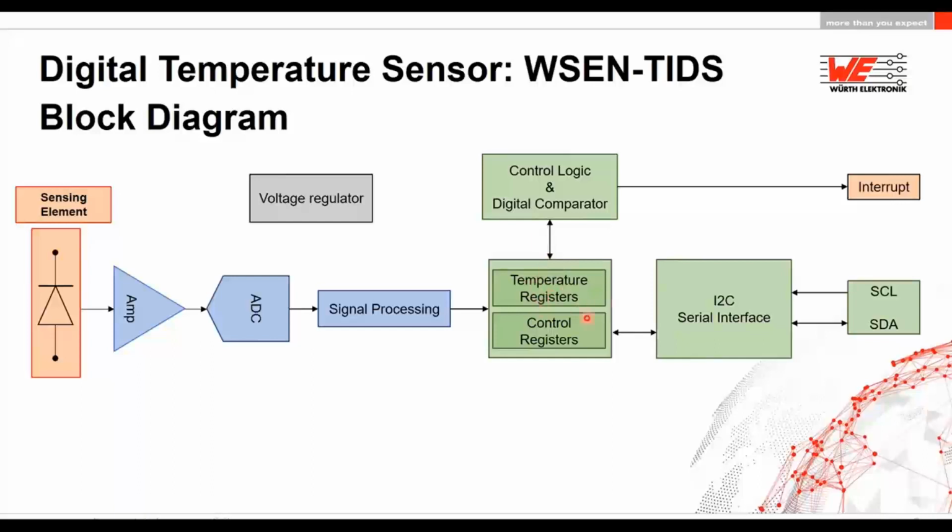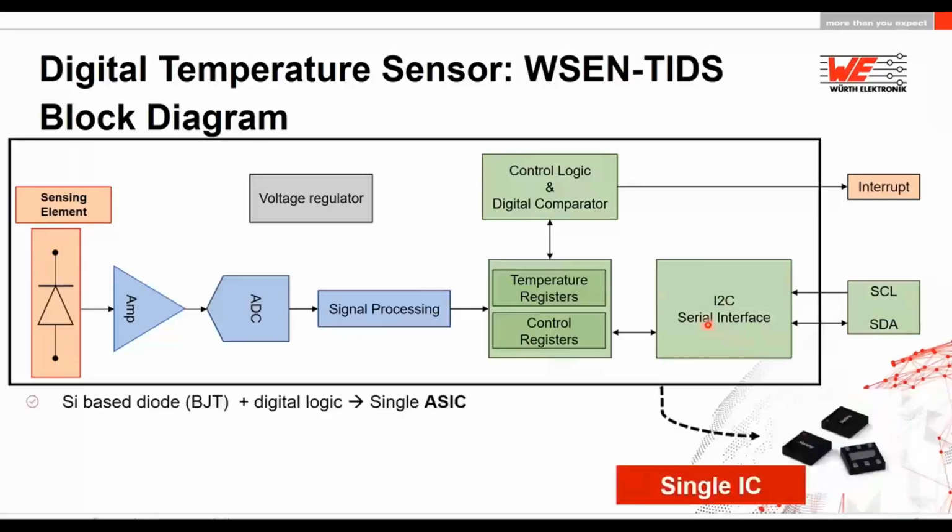The temperature registers can be easily read from the I2C serial digital interface. That two-wire interface you can connect directly to your microcontroller. So in the end, the whole sensing element, the analog front end and the digital front end are all combined in one single IC.